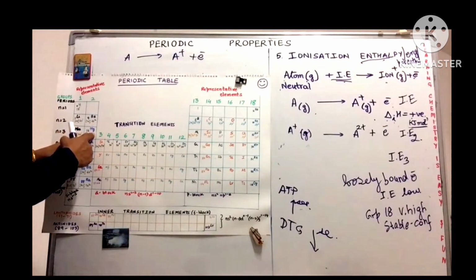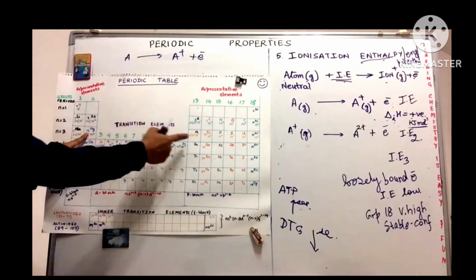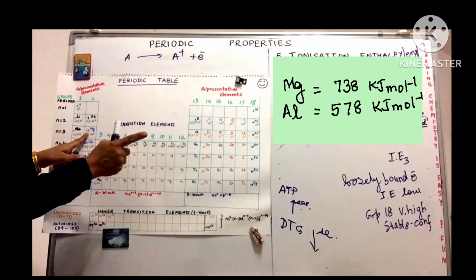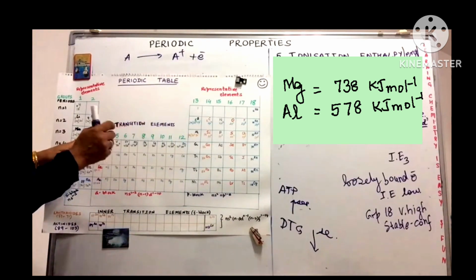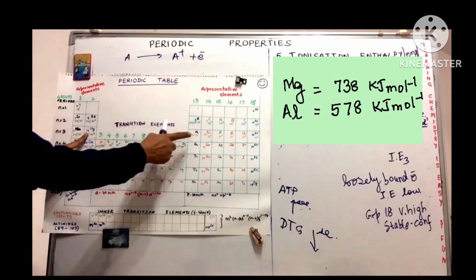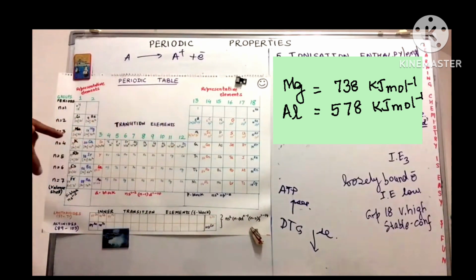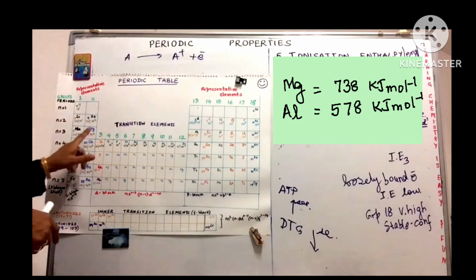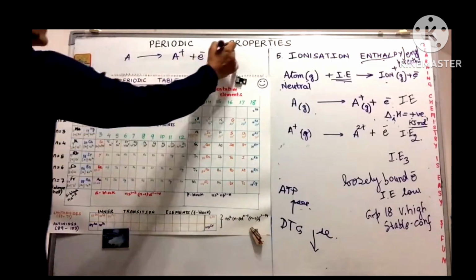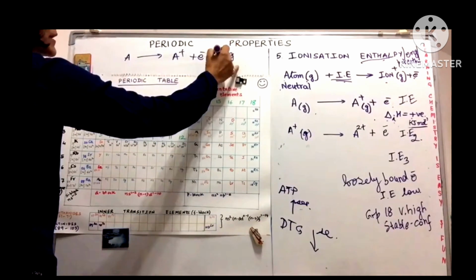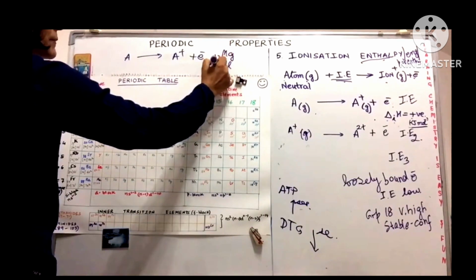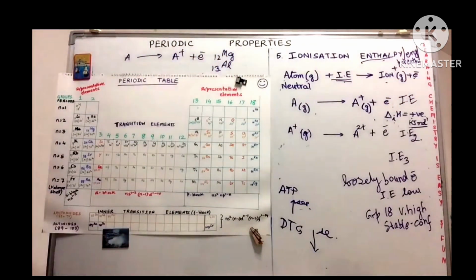What has been observed is that if you go from magnesium to aluminium, ionization enthalpy should increase, but it actually slightly decreases. Can you think of a reason why? I'll give you a hint. Write the electronic configuration for magnesium, atomic number 12, and aluminium, atomic number 13, and you will get the answer for yourself.